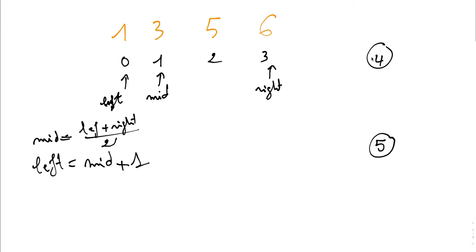If we had another number like 2 or 1 that is less than 3, we would have changed our right variable to mid minus 1. Okay, so let's apply this change. My left is going to be equal to mid plus 1, so my left will be here.